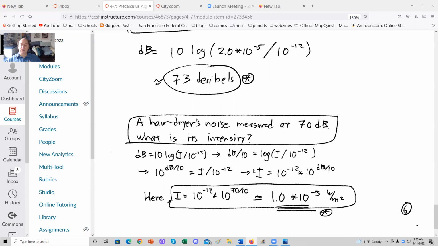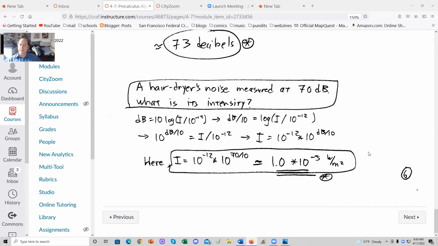Transpose the trillionth, then get I equals 10 to the negative 12 times 10 to the dB over 10. In this case, we put 70 for dB. So I equals 10 to the negative 12 times 10 to the 70 over 10. After a bit of calculating, that's 1 times 10 to the negative 5th watts per square meter. Okay, sounds good.